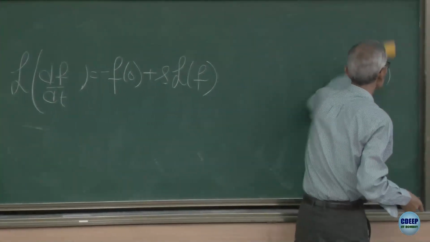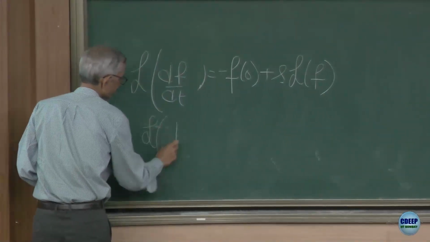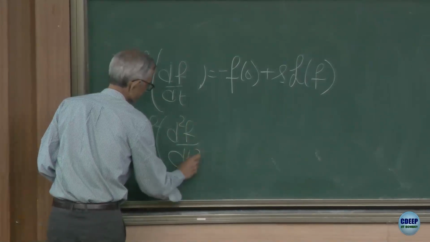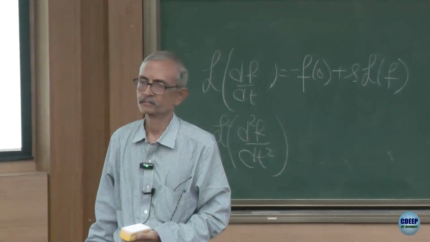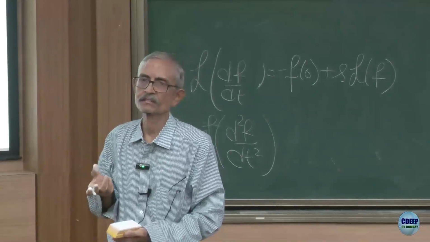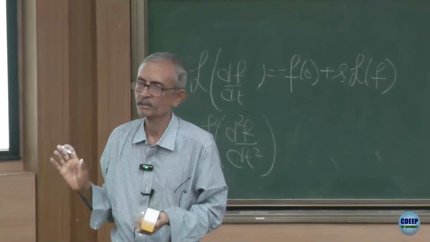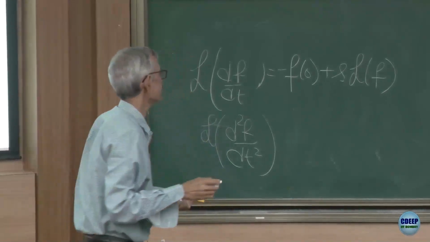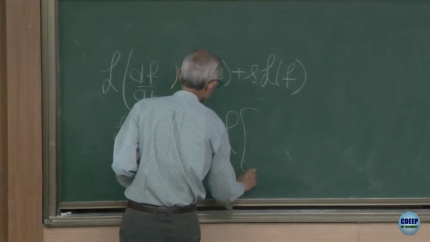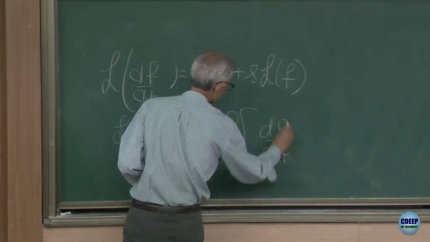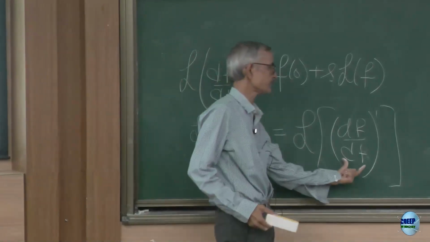We'll jump ahead a little bit. What about L of d squared f dt squared, the Laplace transform of the second derivative? Can I just extract it from what we have done? You can of course go ahead and use the definition with the integral of d squared f times e to the minus st. But based on what we have, we can write this as the Laplace of the derivative of df dt.